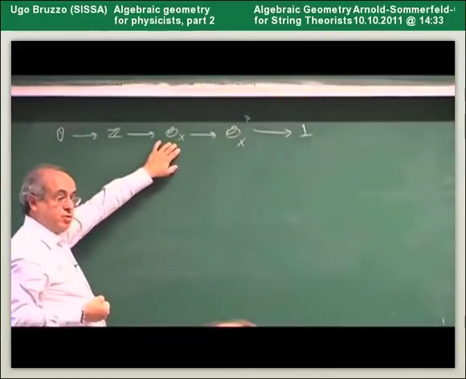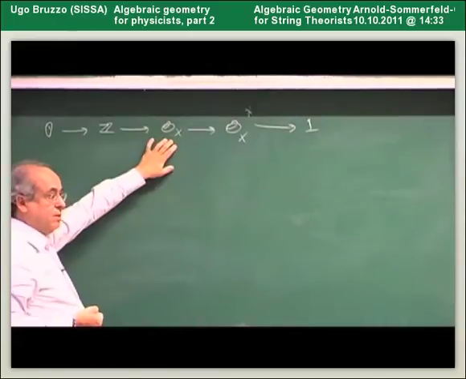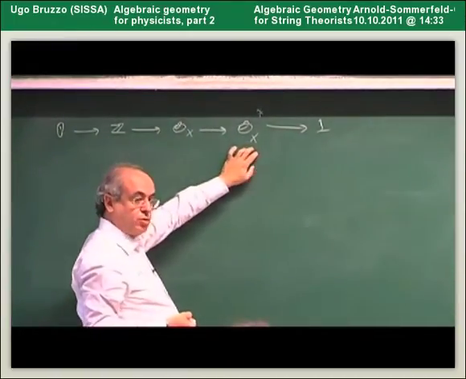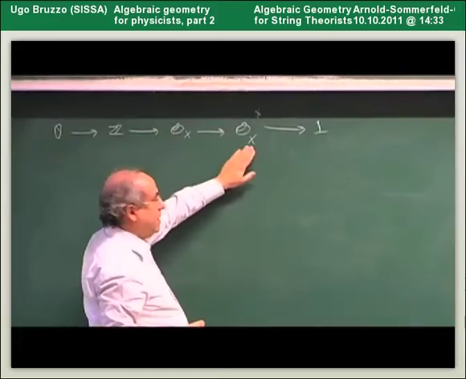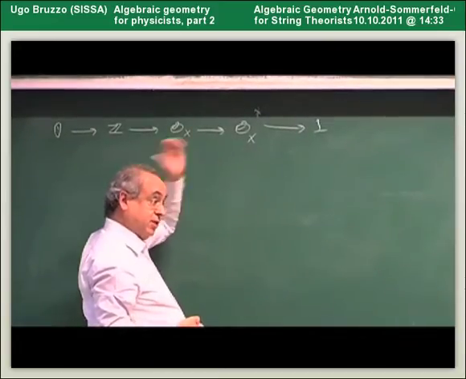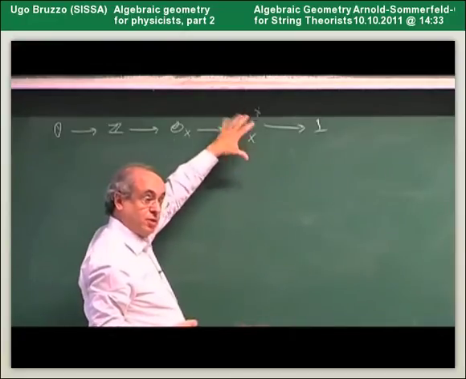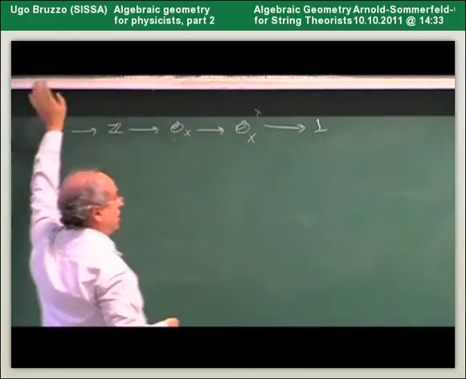So we have the sheaf of holomorphic functions on our manifold. We have the sheaf of non-vanishing holomorphic functions, so the sheaf of those functions which don't have any zero. By the way, this may be a nice exercise, to show that this is indeed a sheaf. This condition of not having zeros is compatible with the sheaf axioms.